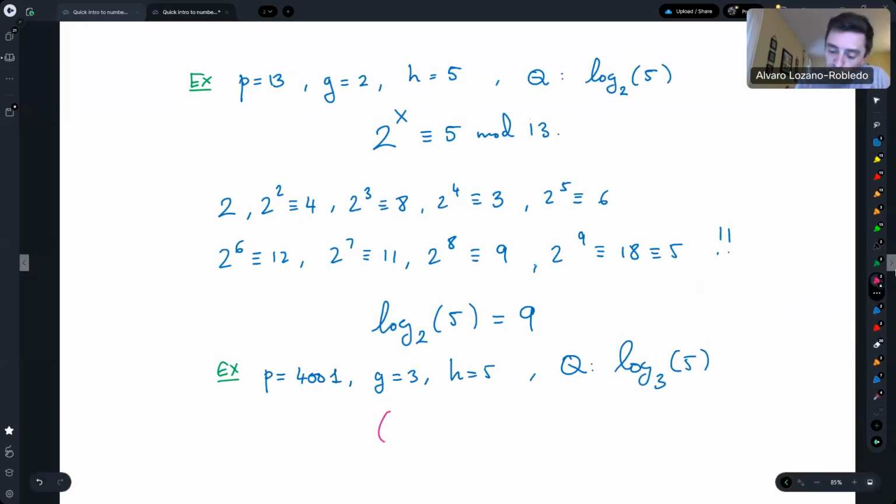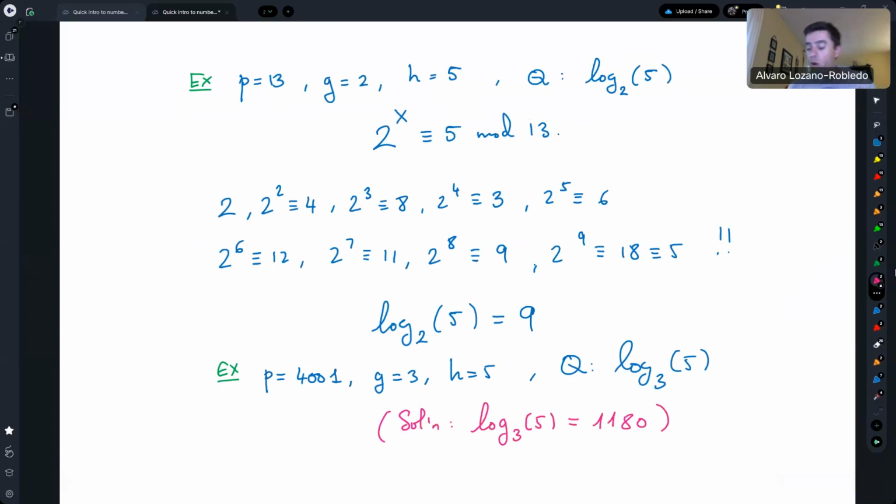Well, I'll give you the solution, and you can try to figure out a way of doing this without doing a lot of computations, and there is no known way of not doing a ton of computations. It turns out that the logarithm of 5 in base 3 for this prime, 4001, is 1180. So you would have to do more than 1100 computations before you actually find the logarithm that works.